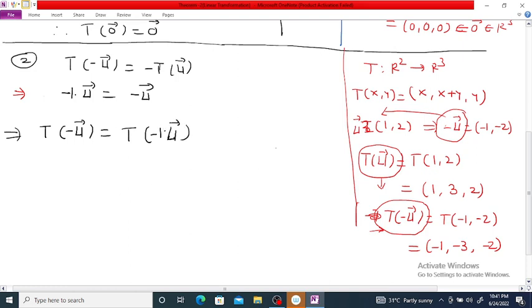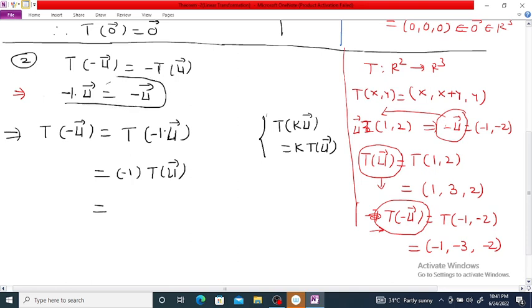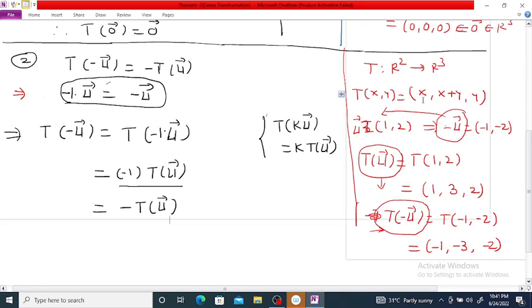Since minus 1 is a scalar and T is a linear transformation, T of k u bar is equal to k times T of u bar. This is the second linearity property. By using this, we can write this as minus 1 into T of u bar, which is minus T of u bar.